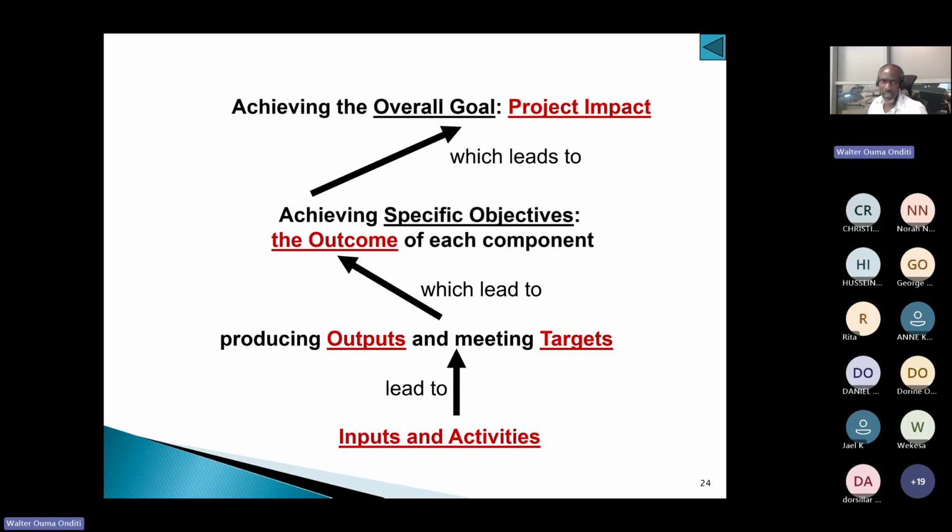In other words, for you to get to the outcome, outcomes are what we call intermediate results. That means you must have done certain things to deliver you there, and these certain things are what we are calling outputs. I will bring you back again so you'll be able to understand it.